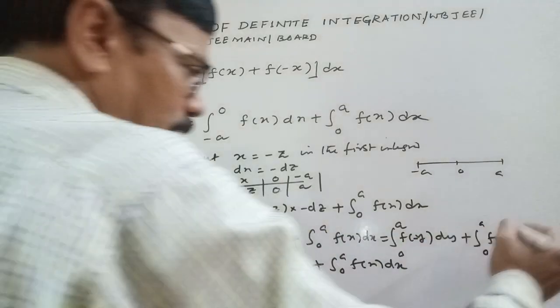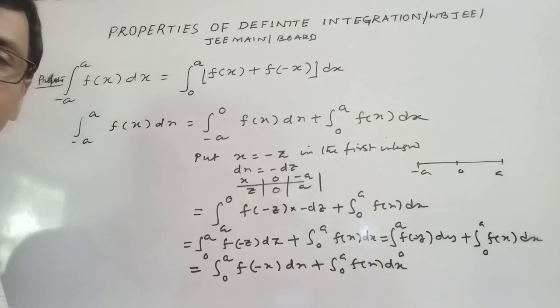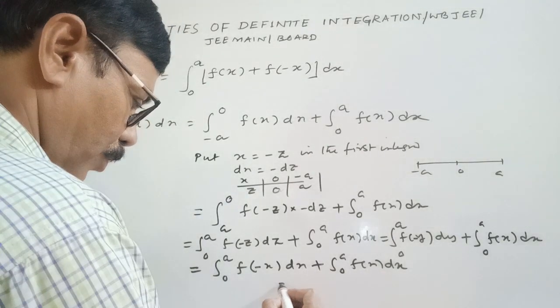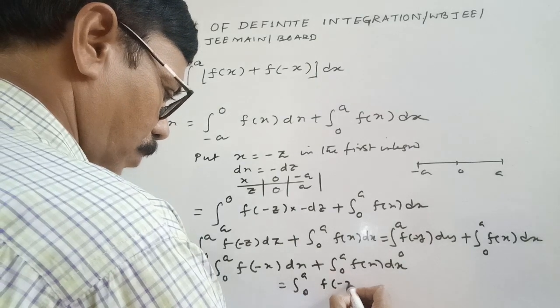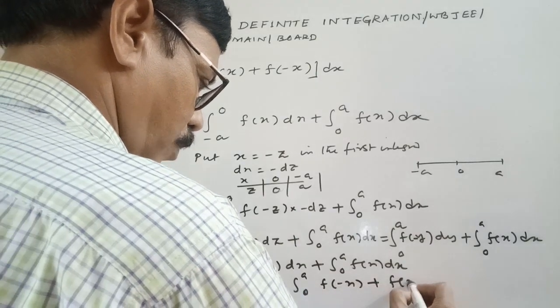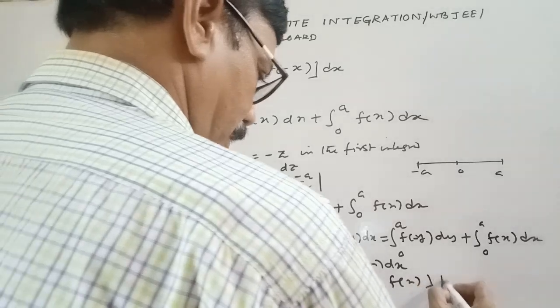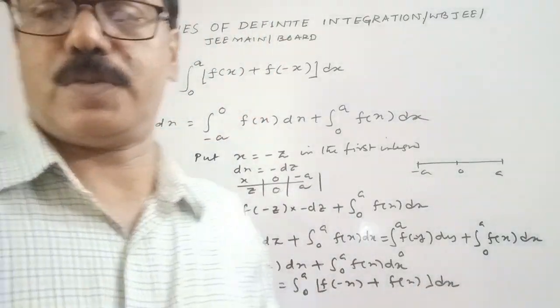So we are using properties of definite integral. Now 0 to a, f(minus x) plus f(x), same limit. Yes, so this is proof.